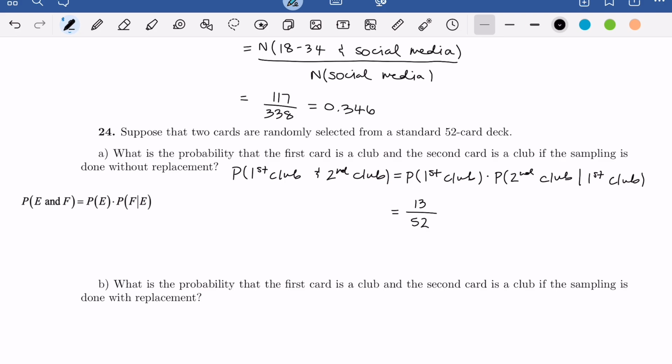So the probability that the second is a club, given we already pulled that first one out and that was a club, is going to be the 12 remaining clubs out of the 51 remaining cards in the deck. So this is going to be the same thing as 1 over 17. And this is going to be approximately 0.059. So that would be the probability in this case.